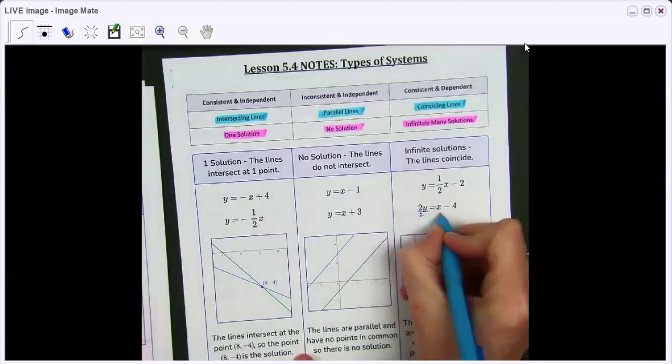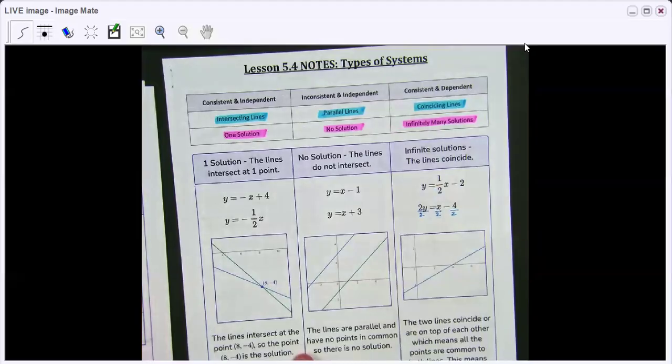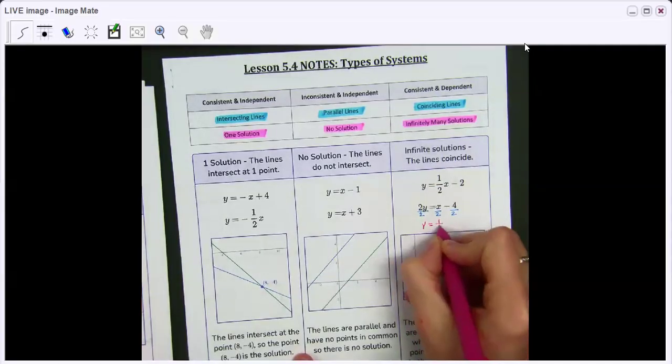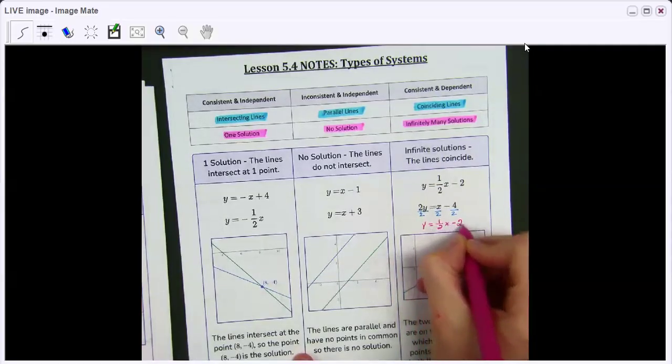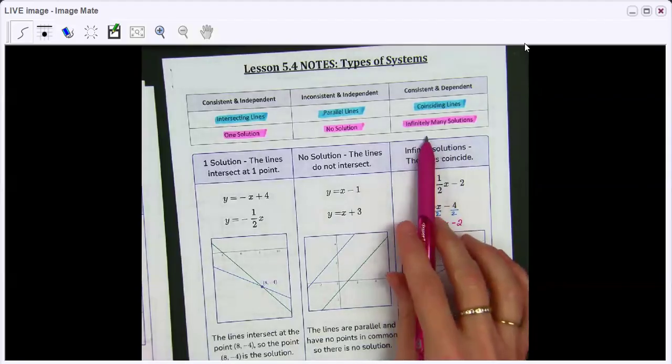If I divide everything by 2, I can write this equation as y equals 1/2 x minus 2. See how they're the exact same equation? So when I graph them, they're going to lie on top of each other. They're going to share every single point together. That's why we say that they have an infinite number of solutions.